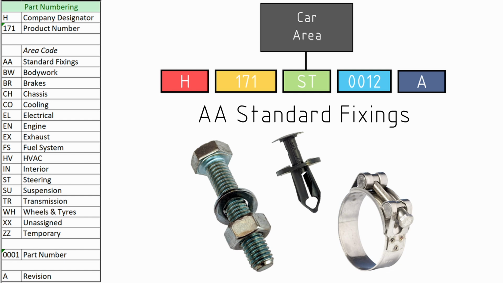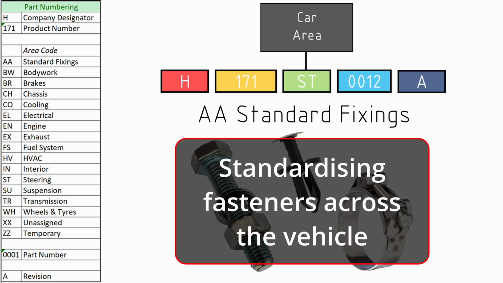This is going to be everything such as bolts and hose clips and things that are used in more than one area. Now, one advantage of collecting all of the bolts into one area rather than having them spread amongst the suspension and powertrain and so on is it can help you standardize the sizings of bolts. I don't really want to use different size bolts in the powertrain than I use in the interior. I want to try and reduce the number of different bolt sizes that we have.